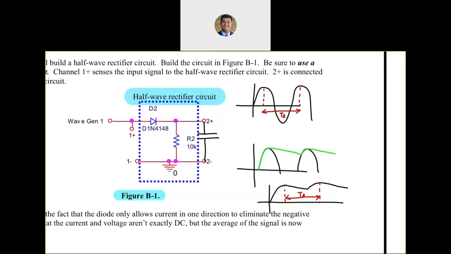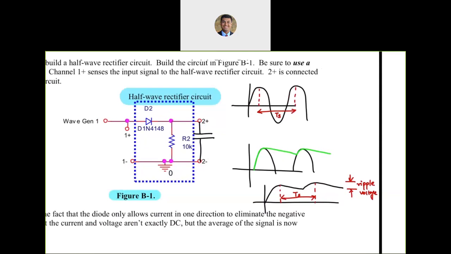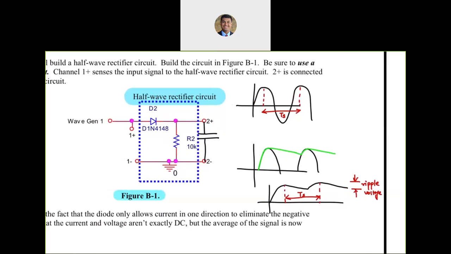So the change in voltage, that is my ripple voltage. And obviously, if I want this to look very close to a DC signal, I want as small of a ripple as possible. But that ripple voltage is going to go high and low with a period of TS, the same time period as the source.